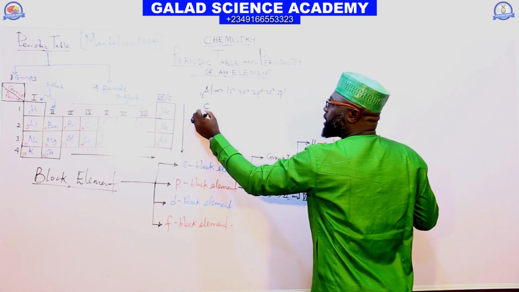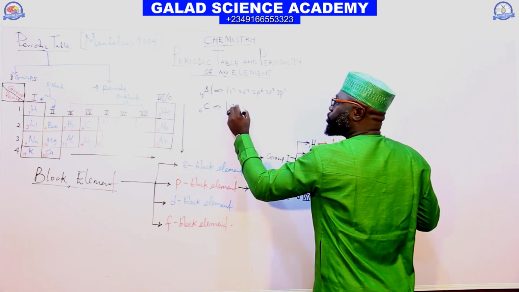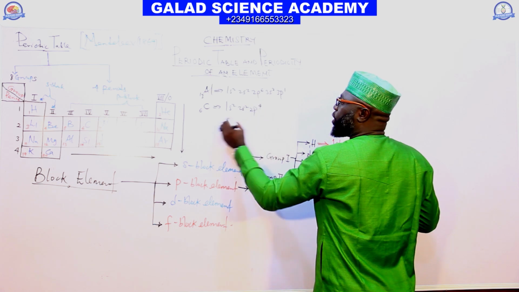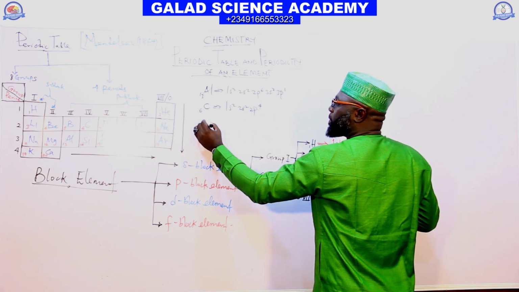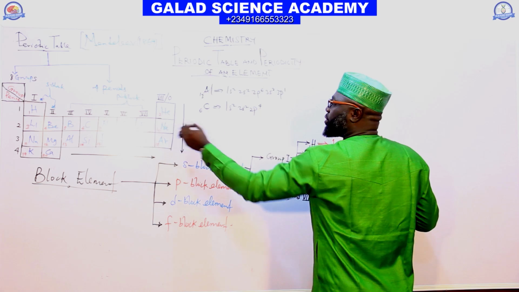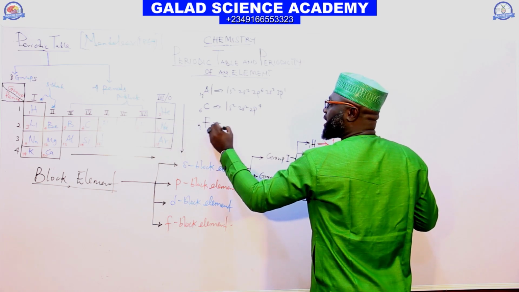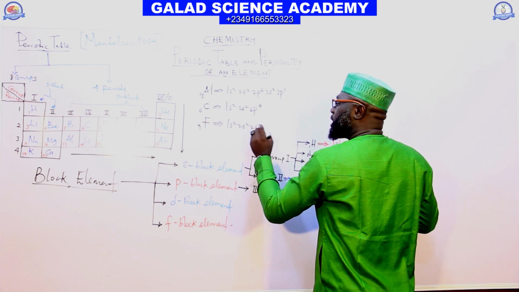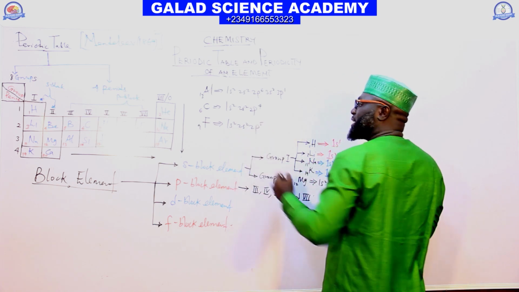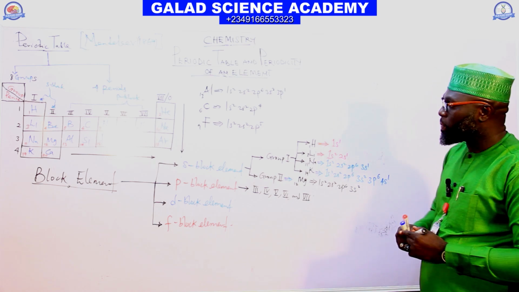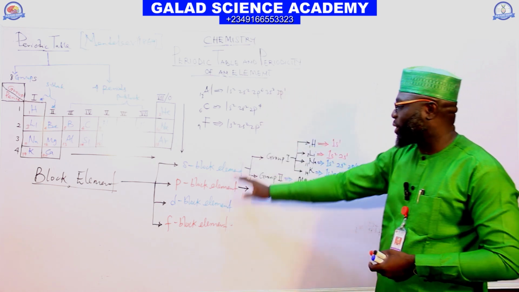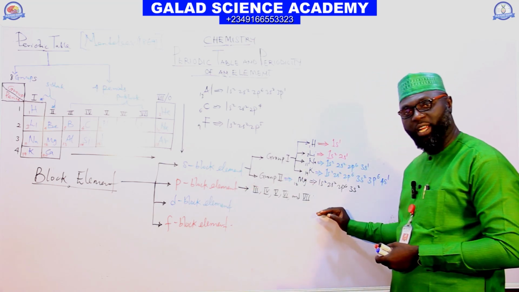Let me take carbon, 6: 1s2, 2s2, and 2p2. The next one, let's take fluorine. Fluorine is 9: 1s2, 2s2, and 2p5. That is a P block element.